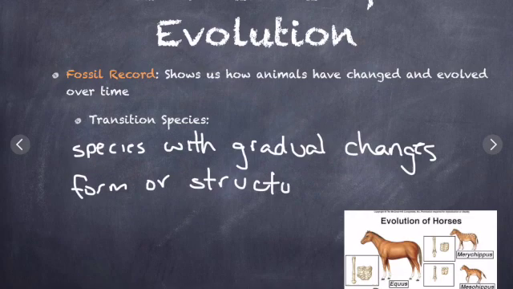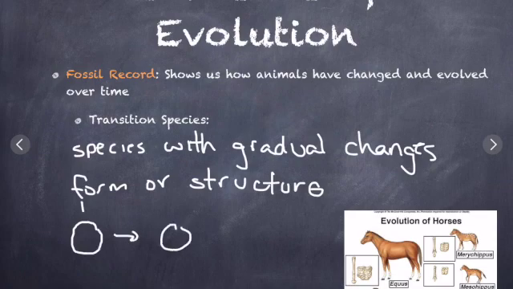Now, all of these individuals have traits of the one before it and the ones after it. So think of it like this: here is one, it evolves to this species that has, let's just say, a line going through it. Then it goes to here.